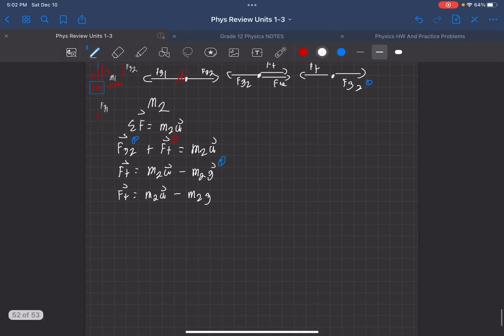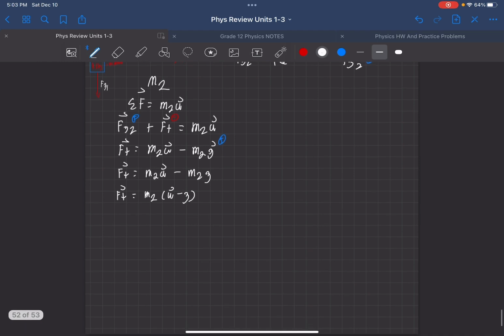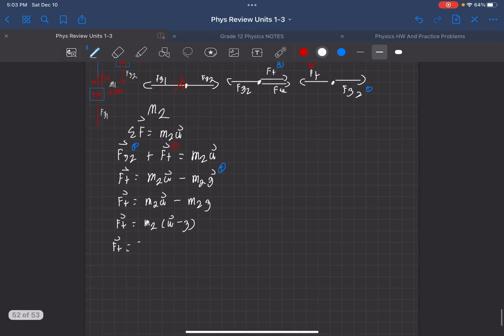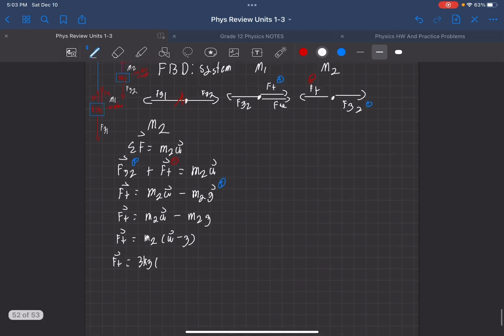So therefore, our force of tension is equal to, we common factor out a mass 2, so that is acceleration minus gravity. We could keep it this way, but I feel like it's a little bit easier just to solve for this. So the force of tension is equal to mass 2, being 3 kg, times the acceleration.